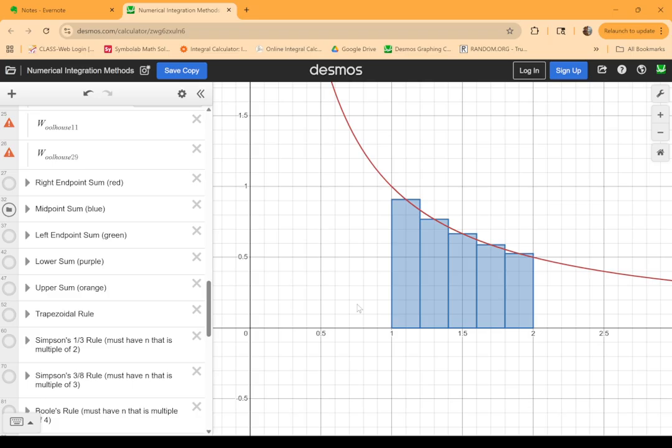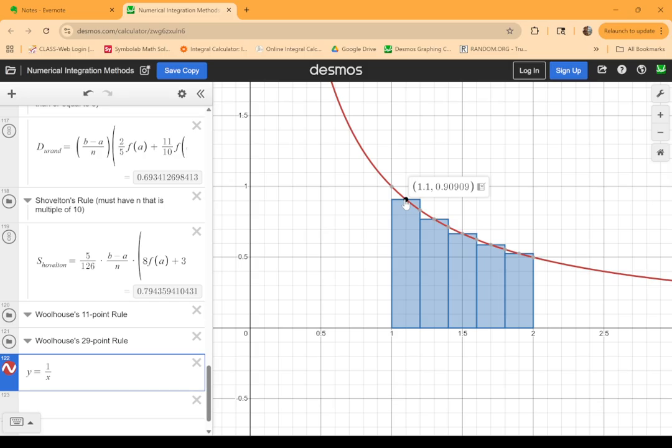And you can see there, the height is where it touches the function, and then the associated function value, and you see all those here, each step of the way. Okay, and then we want to add all these up.